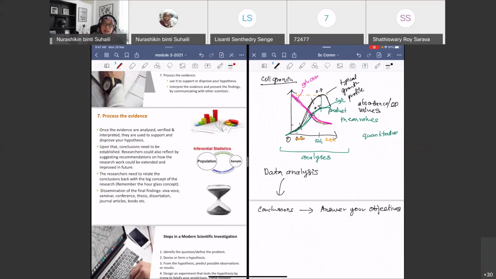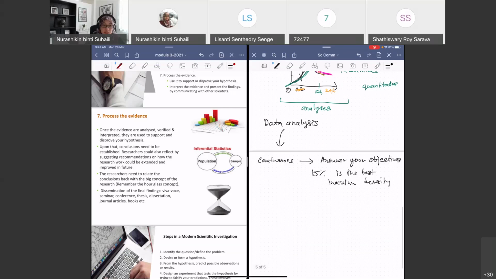There is an effect when you vary the inoculum density, and in addition to that, you found out that 15% is the best inoculum density. That is your conclusion based on your result, and that is the first objective.